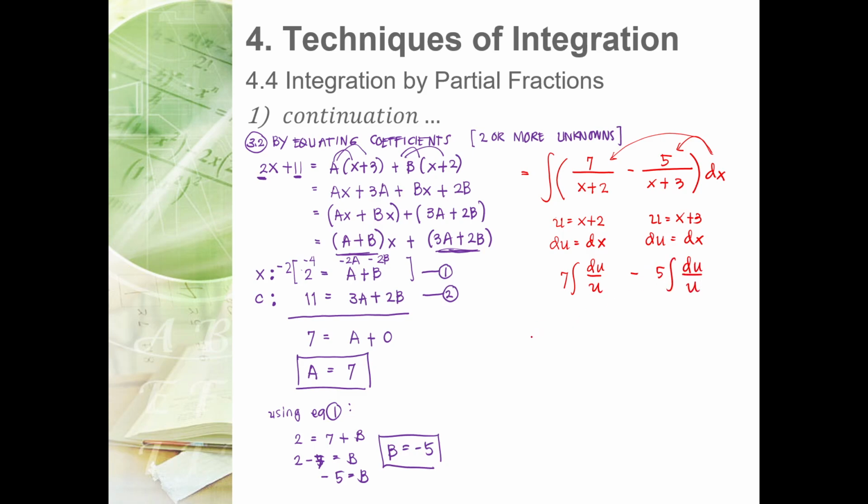The answer for this one is 7 ln of x plus 2, because the integral of du over u is ln, then minus 5 ln of x plus 3, plus c. So this is the final answer.